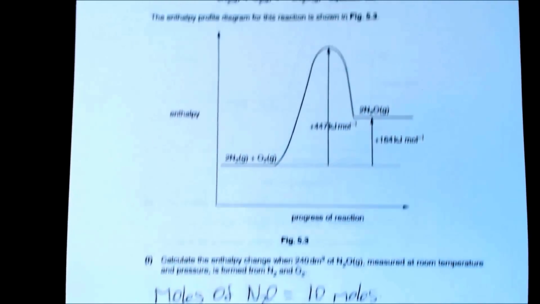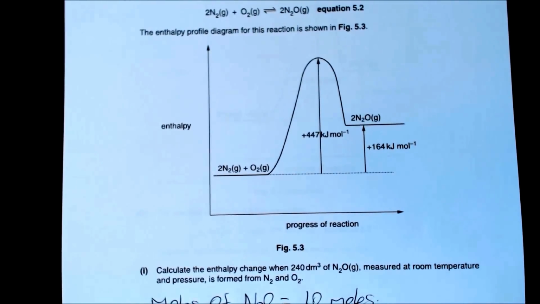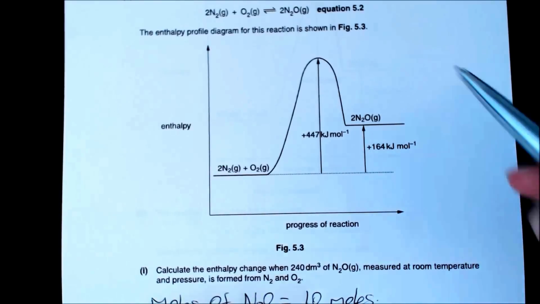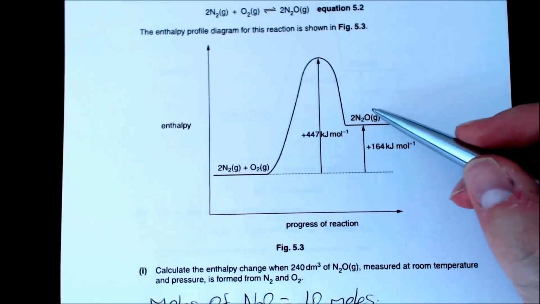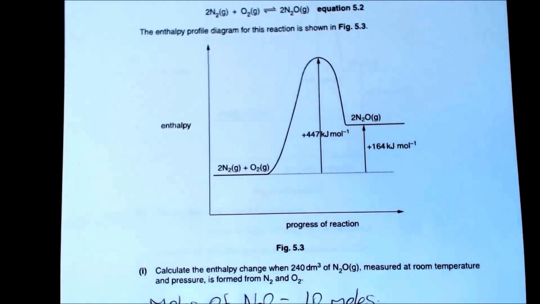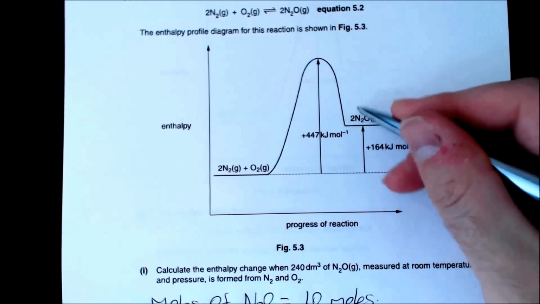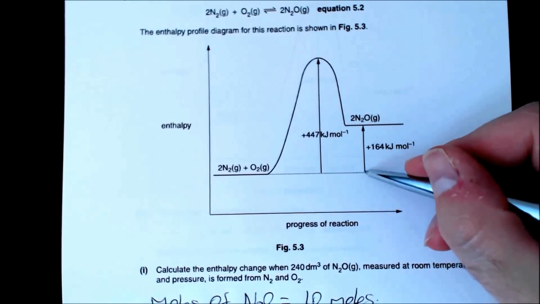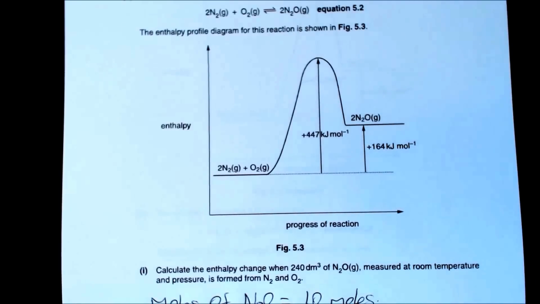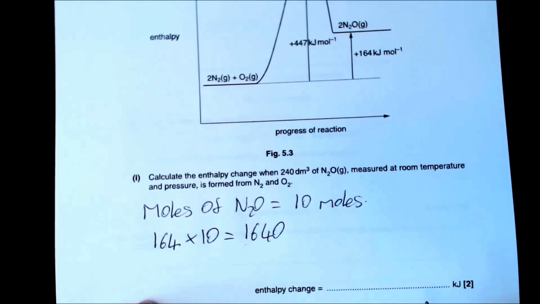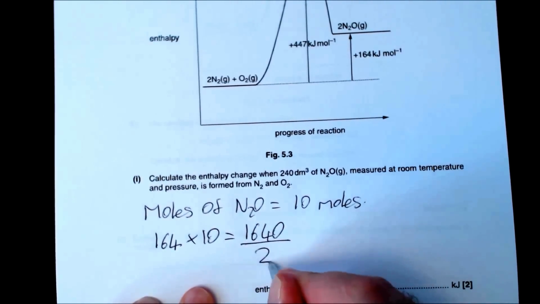However, as you can see, we are only forming 2 moles of this stuff here. So this is the value for 2 moles, but we only need 1 mole because it's per mole of substance. So what we have to do is take the 1640 we've just worked out and divide that by 2.